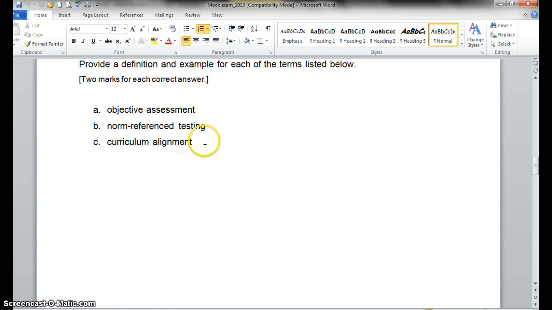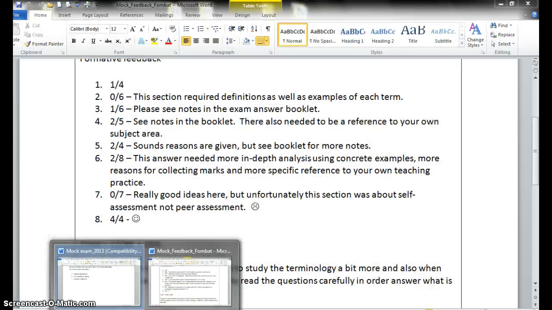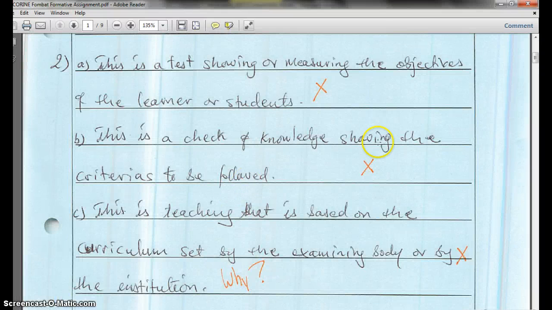Curriculum alignment, so that's when what's taught on the course is directly related to what's going to be on the exam. So for example, in a BTEC course or even GCSEs, that would be an example. And you had, this is teaching that is based on the curriculum set by the examining body or by the institution.